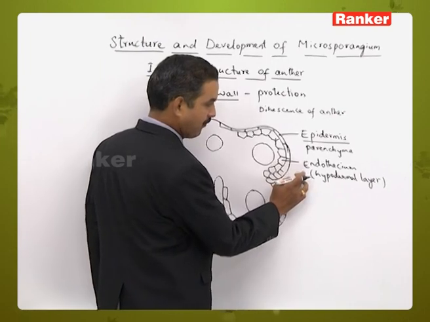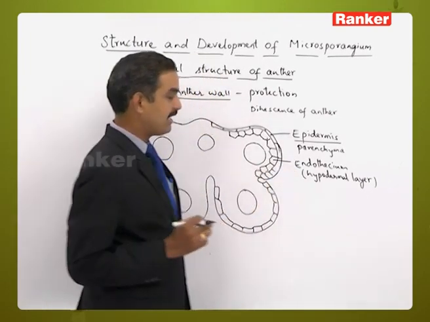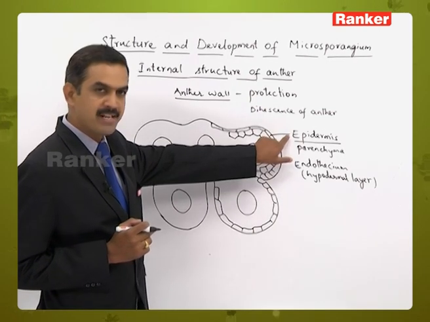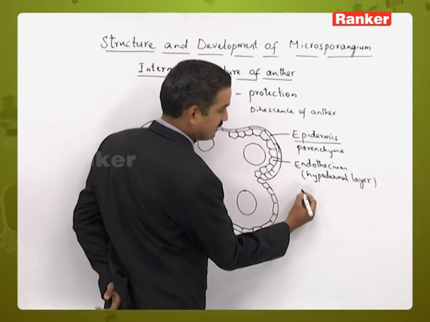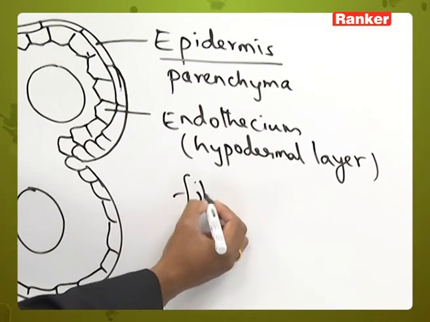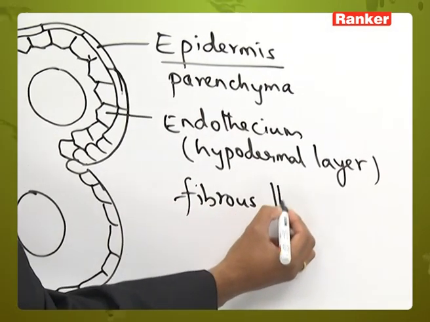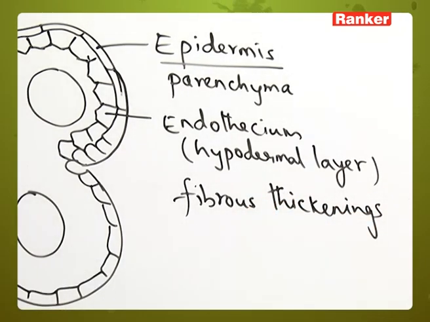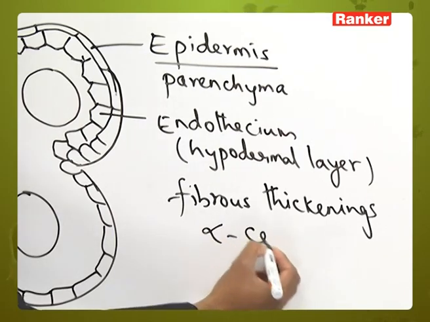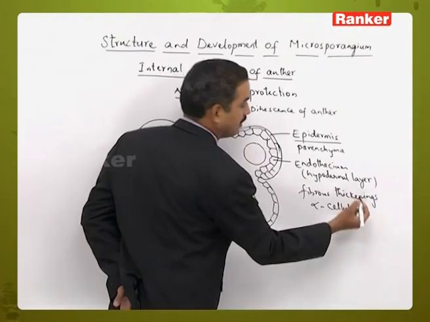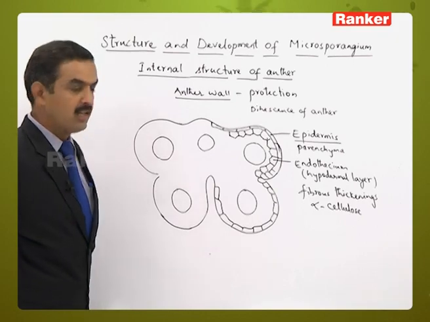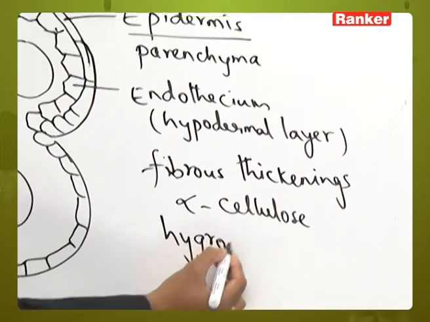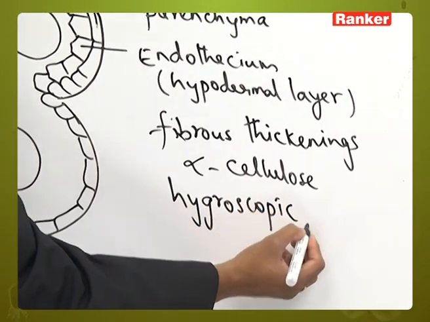It is also made up of parenchyma cells, but a little deviation is there between the endothecium cells and the epidermis cells. That is, endothecium cells contain fibrous thickenings on their walls. Elongated fibrous thickenings are there, which are made up of alpha cellulose. And because of these fibrous thickenings, they exhibit hygroscopic nature.